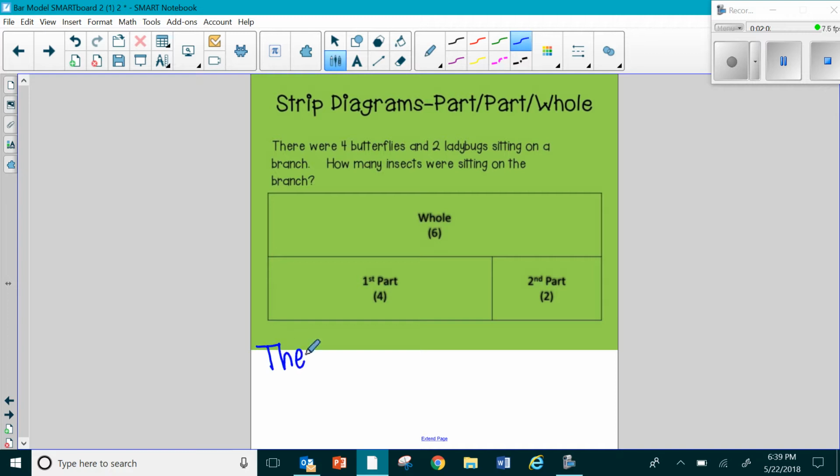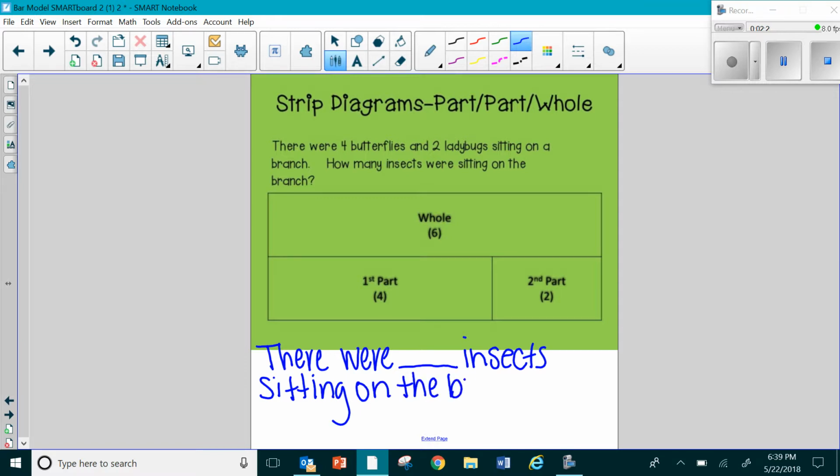There were blank insects sitting on the branch. Period. So we know that our first part was 4 butterflies.